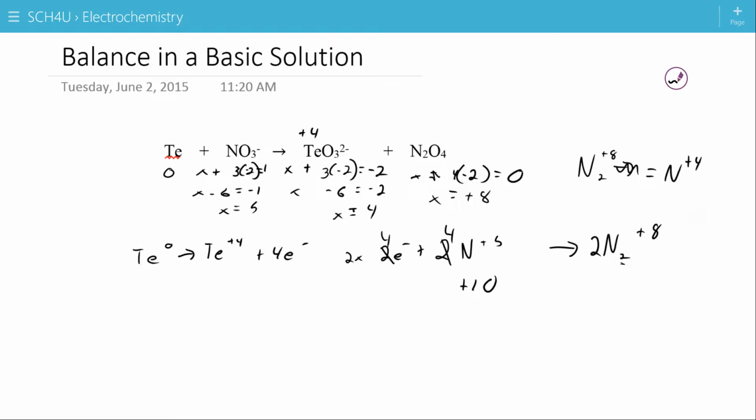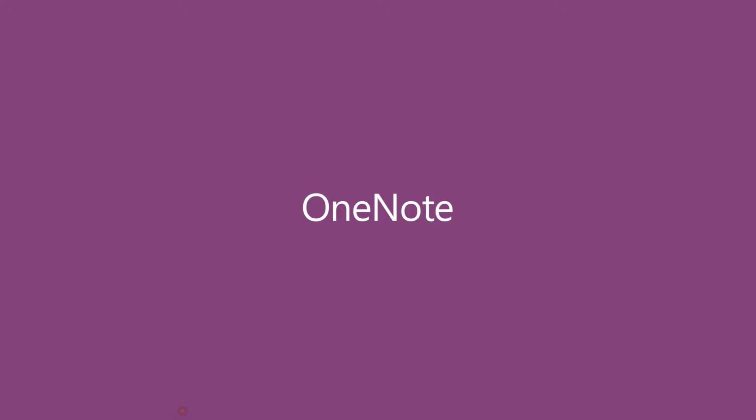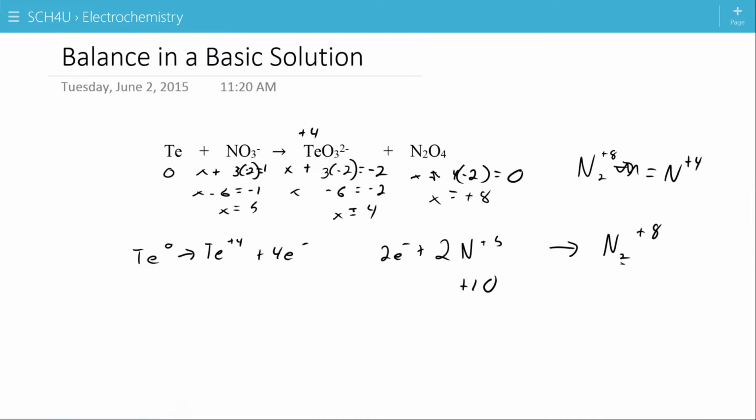Now transferring those coefficients up to the original equation, that means that each of these, I think that's tellurium, get 1s, and this nitrogen has a 4, and that's from this 4 right here, and this nitrogen has a 2. That's from this nitrogen right here.